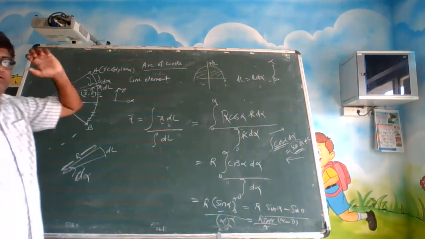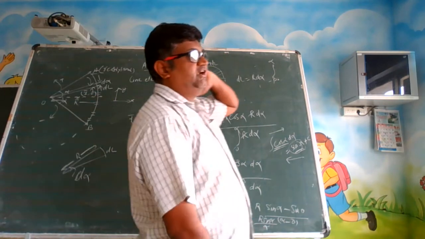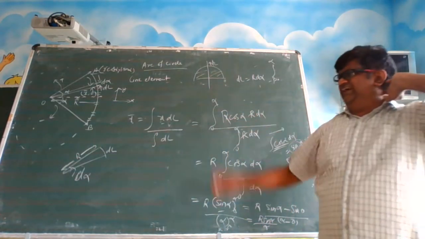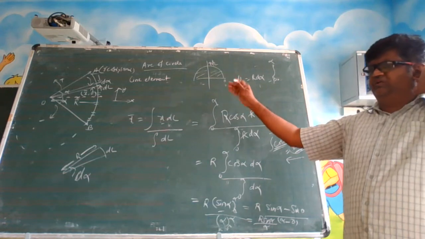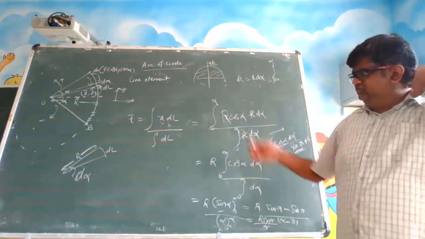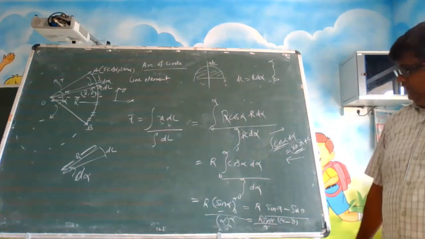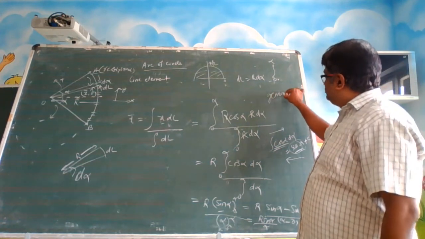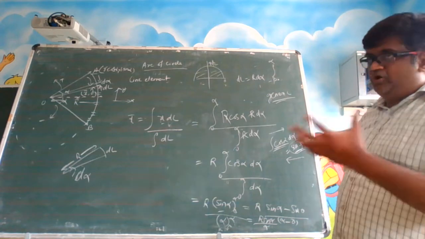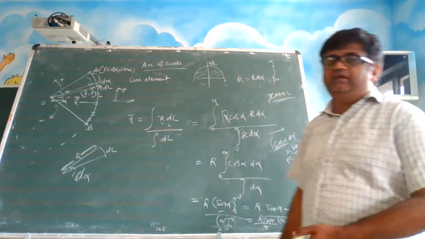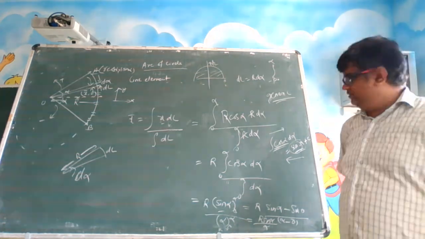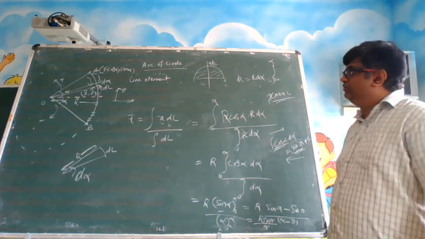Using our regular technique, A1 x1 plus A2 x2 divided by A1 plus A2 and all those things, because it is a line element, L1 x1 plus L2 x2 divided by L1 plus L2, all those things. So this is the generic approach for geometric shapes which are not like your regular plane geometry. Okay, so this is the approach we follow.